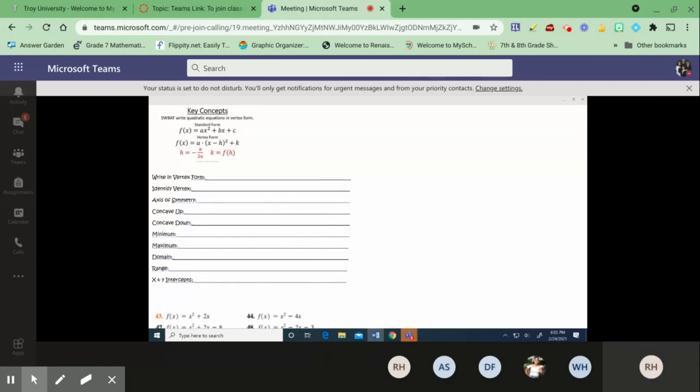So we're going to start with f of x is equal to x squared minus 4x minus 12. So now I'm in my quadratic form, my standard form for the quadratic equation, and I need to change it into my vertex form.